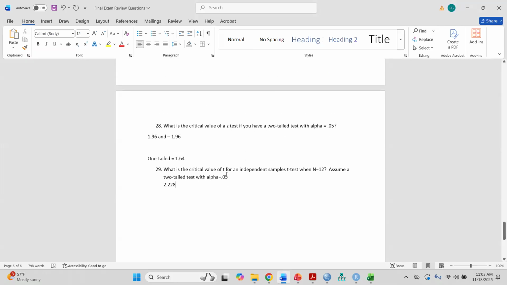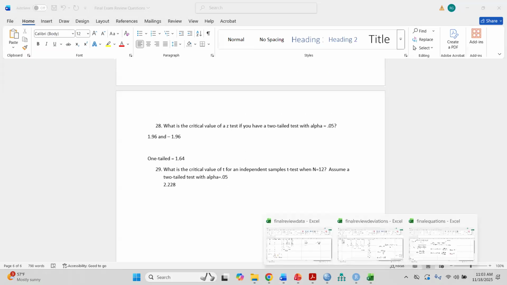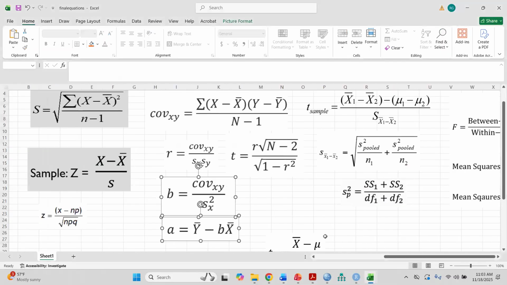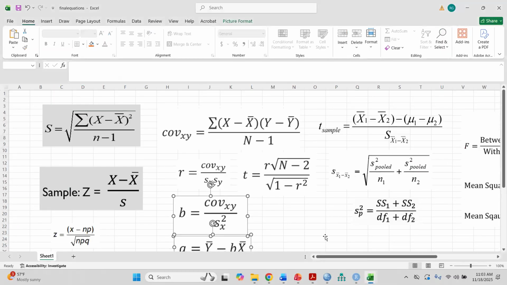So overall, you don't have to have this in an Excel, unless that's helpful for you. You could just have all of these equations written down on a piece of paper right next to you. We didn't do converting a correlation coefficient into a t-score, which you could then compare to a t-critical on the t-table, but you might be asked to do that on the exam. So just so you know, basically anything's fair game.